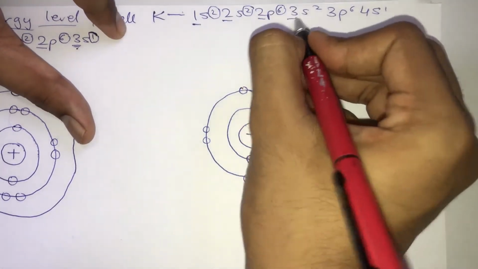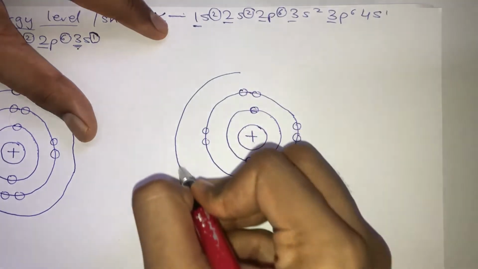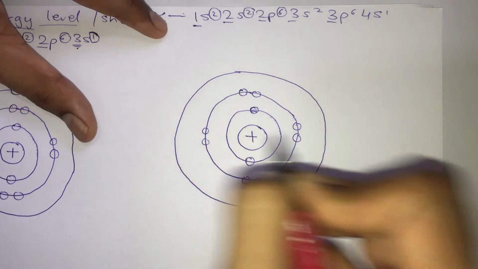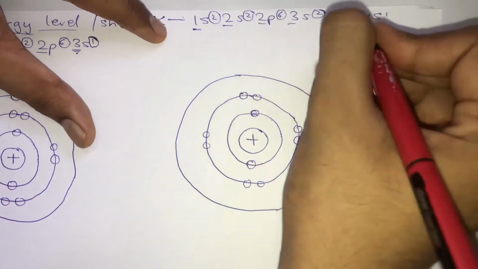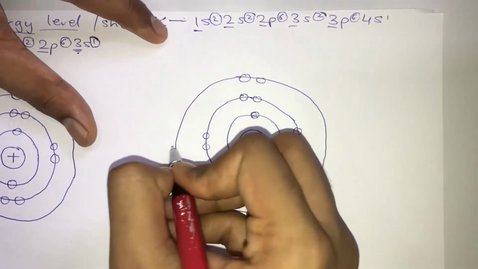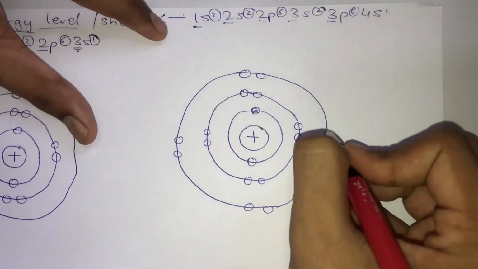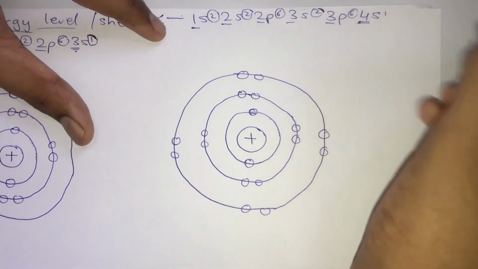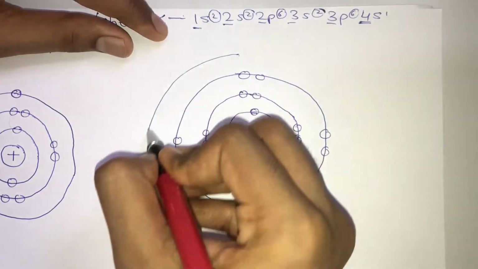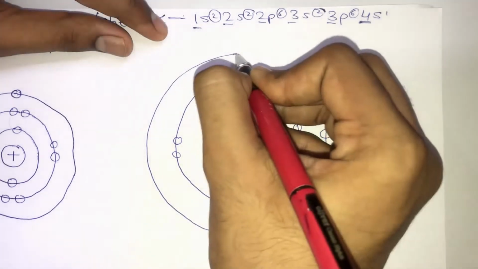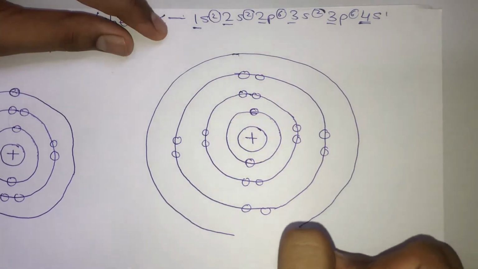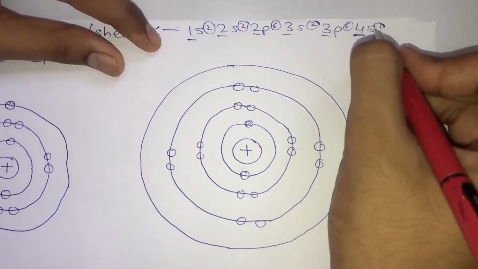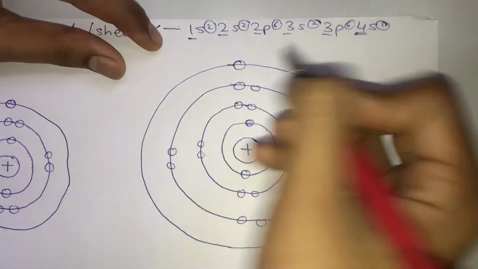And in the third energy level, again there are 2 plus 6, 8 electrons. Okay guys, and here there is one more energy level, the fourth energy level. Inside this fourth energy level there is 1 electron.